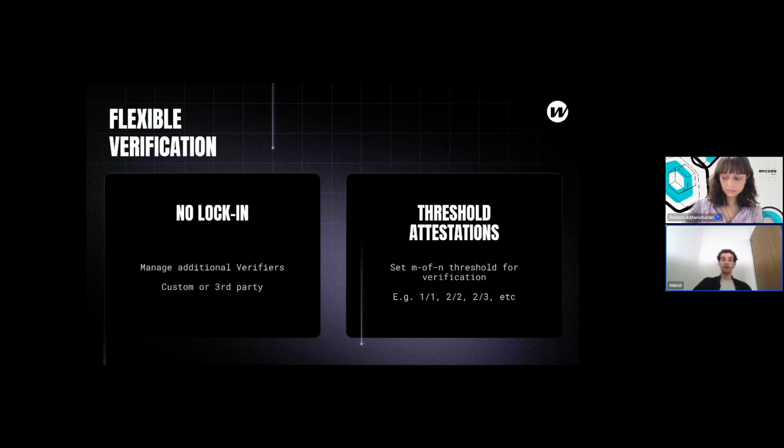These verifiers can be custom verifiers that enforce your own protocol rules, or they can be other third-party verifiers. And between these verifiers, you can set M of N threshold verification requirements. So you could set 2 verifiers with a 2 out of 2 threshold, or any other of the configurations that you can think of, for example, the ones shown there.